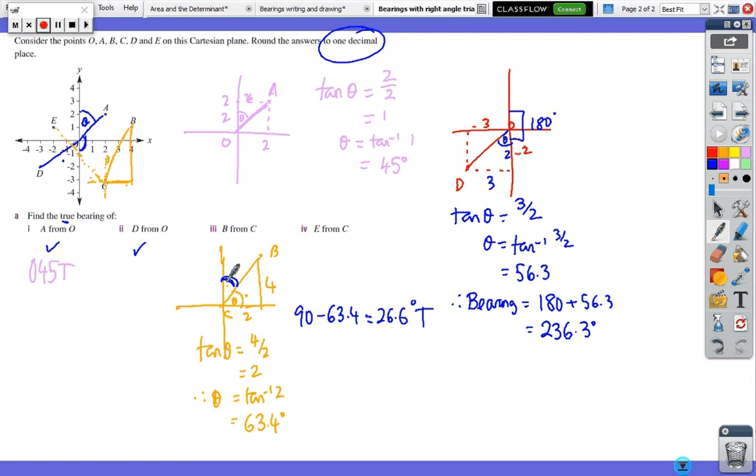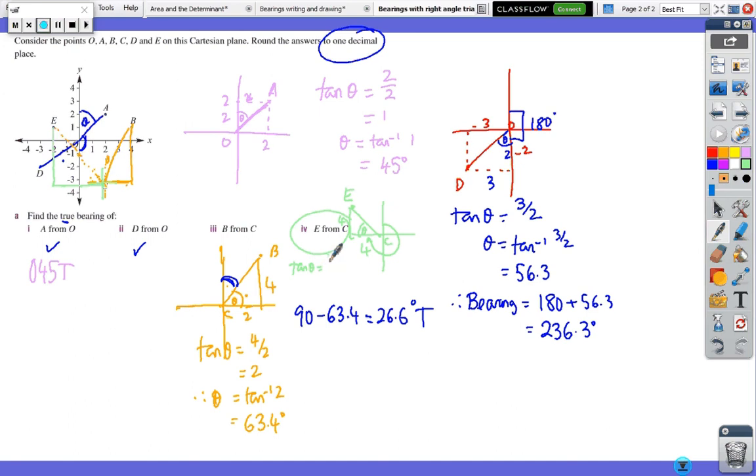Okay. Last one, running out of colours, E from C. So put C in the middle, and E's up here somewhere. We're not drawing to scale. We're going across 4 and up 4, and that'll give us that angle there, and then the true bearing will be 270 degrees plus that answer.